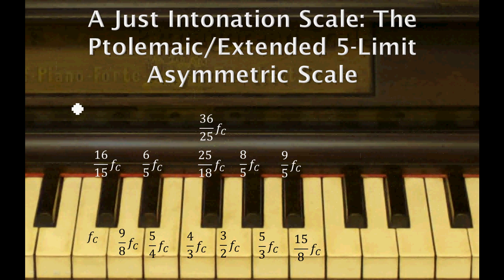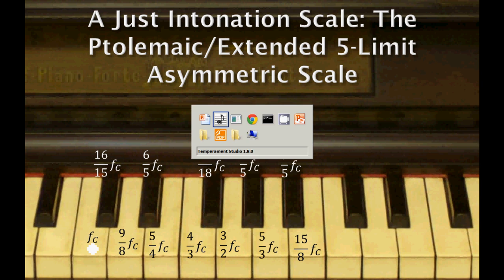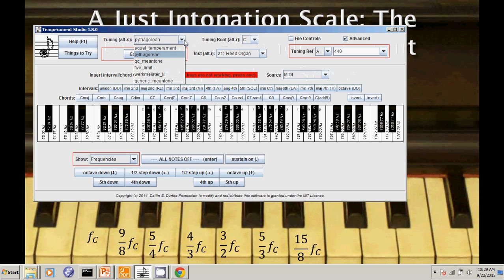All right? Ptolemy came up with the Ptolemaic scale, and he said, let's just define each of the notes in my scale to be a small integer ratio of the root. And it turns out the Ptolemaic scale sounds fabulous as long as you only play in one key. All right? So if I tune this to my 5-limit Ptolemaic scale, all right, and if I play a C major chord, it sounds great.